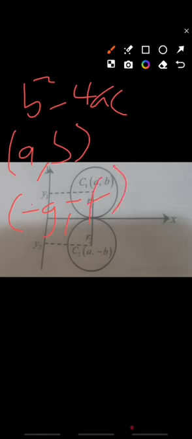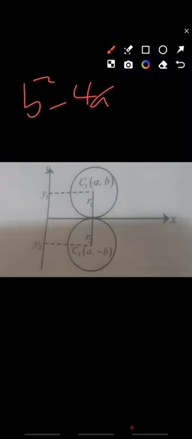So negative f corresponds to b and negative g corresponds to a. Now let's substitute our equation into the discriminant.